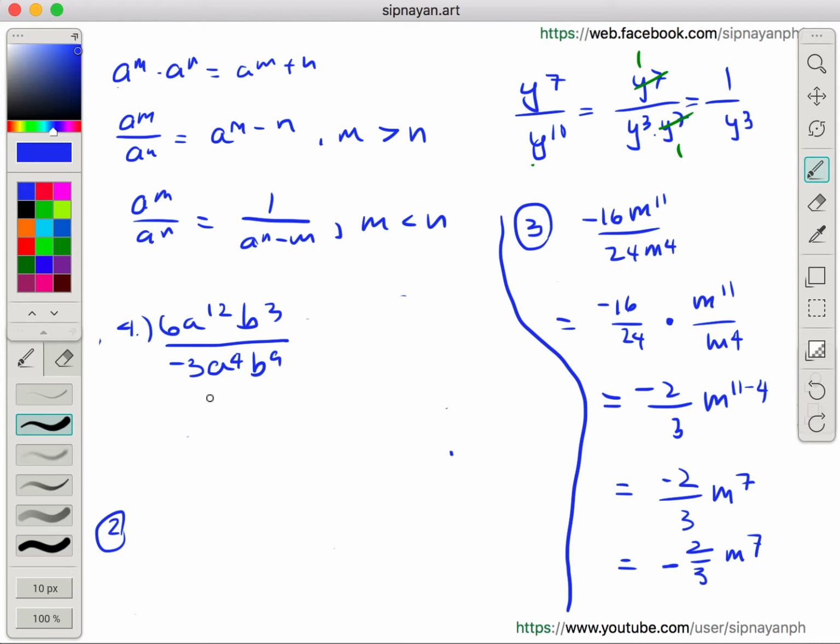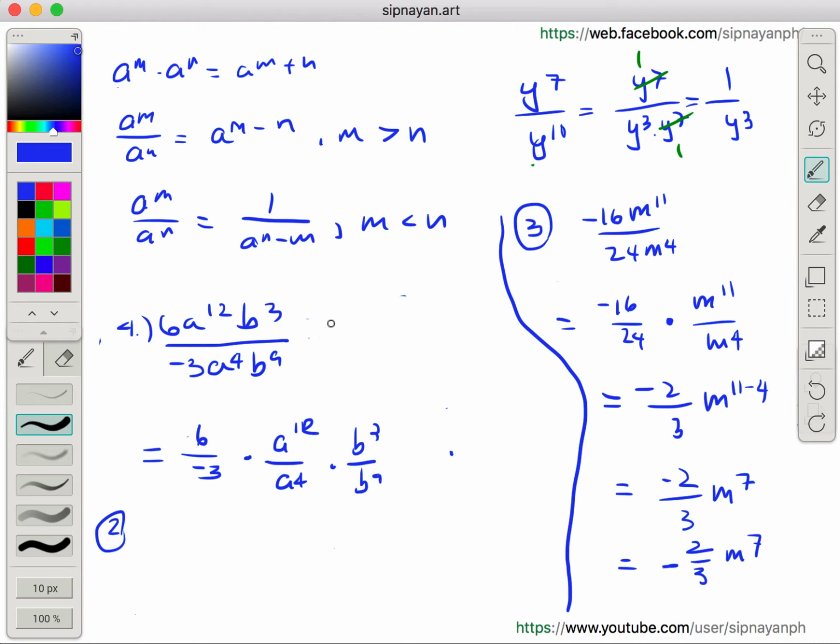Okay. So again, we separate yung numbers. So 6 divided by negative 3 times, syempre magkaparehong variables, sama rin natin a to the 12th over a to the 4th, no? And then times b cubed over b to the 9th.